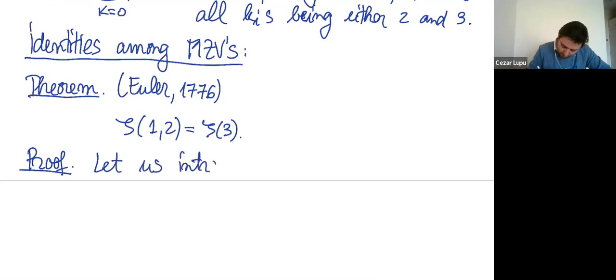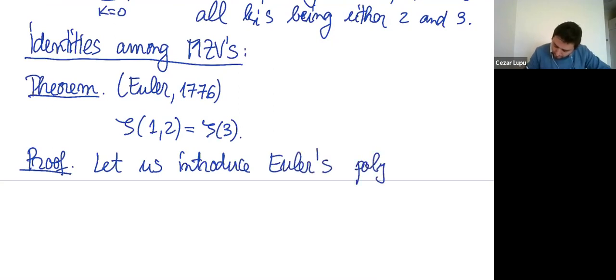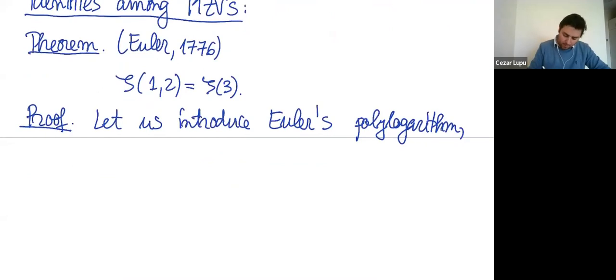in fact, Euler's polylogarithm, which is Li_m of z, right?